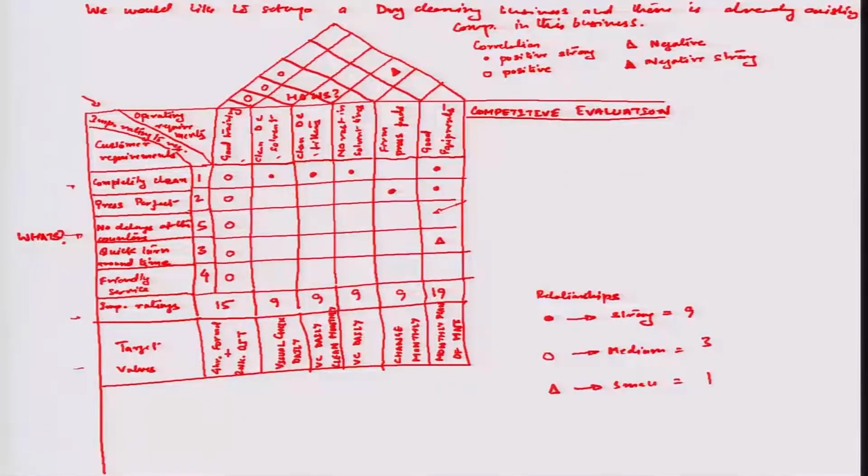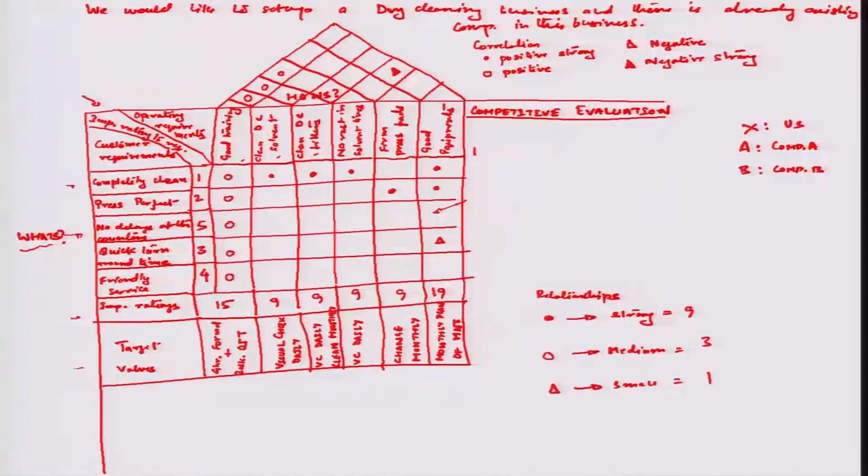Here we talk about, let's say, two different companies or two different shops which are into the same business as we are. Let's say we have a shop A and B. So shop A is run by a competitor A and shop B again by competitor B. We rate ourselves as X. So let's say this is what we are, and we want to see in terms of all the watts and all the house where we are placed with respect to our competitors.